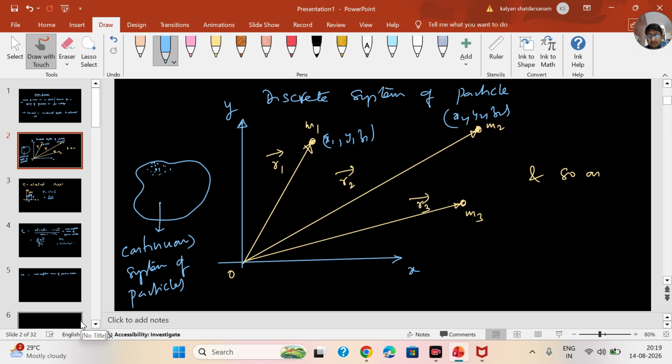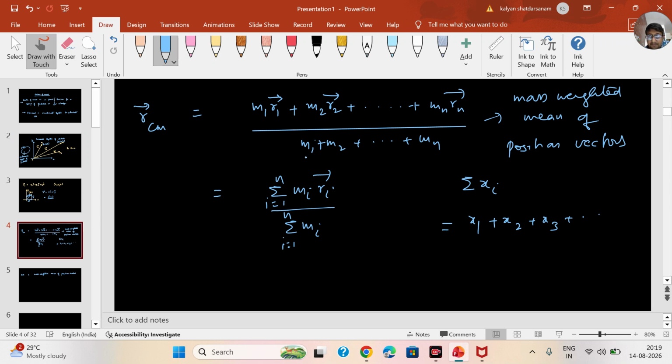Discrete system, that means there are large gaps between the particles, and continuous system where it's an object with no gap between particles and infinite number of particles are there. So for a discrete system, the definition of center of mass is what I have given here: M1R1 plus M2R2 and so on up to MnRn, divided by M1 plus M2 plus M3 and so on up to Mn. This is for a discrete system. In a discrete system, the number of particles is finite.